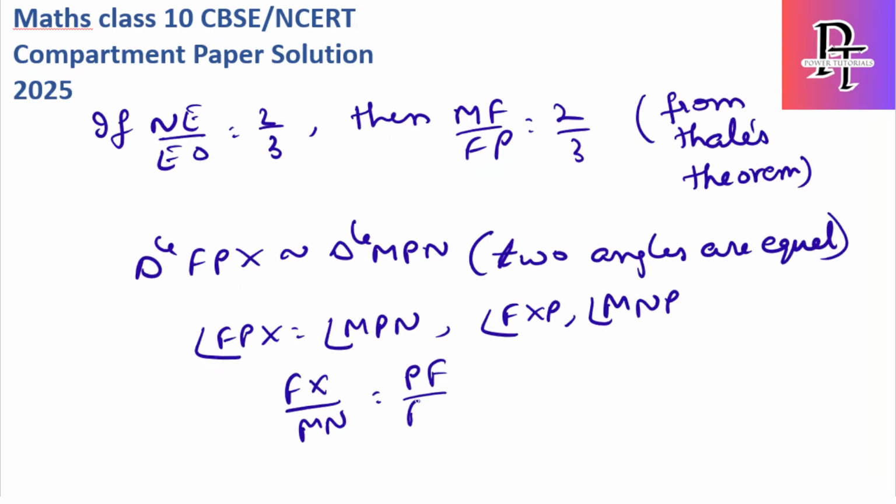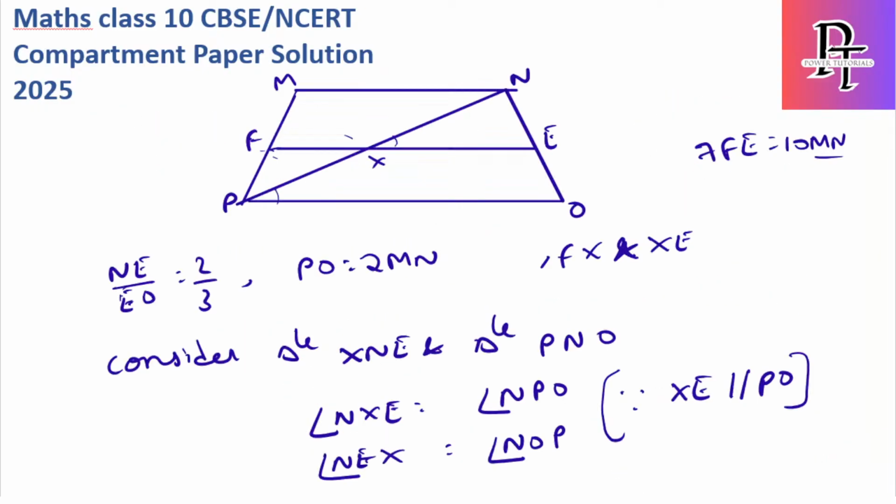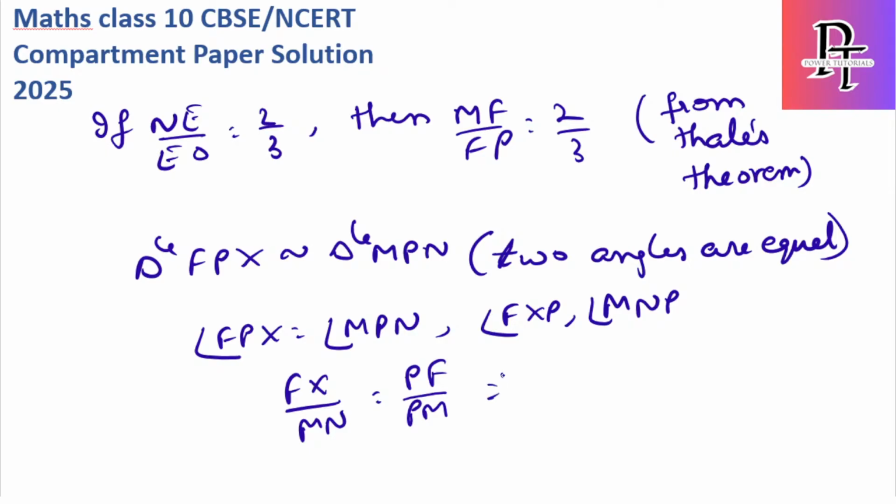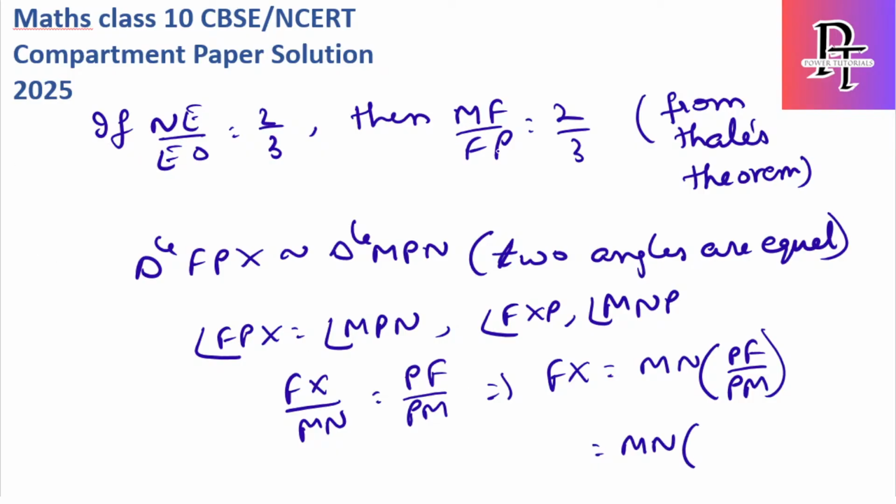Now FX will be equal to MN into PF by PM. So what is MN? Let's keep it MN only. PF by PM, I know FP by MF is 2 by 3, so PF by PM will become 3 by 5.